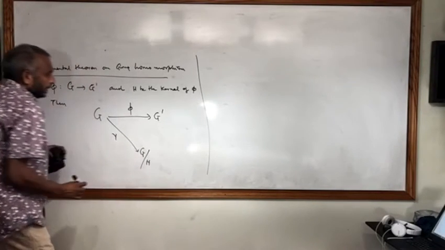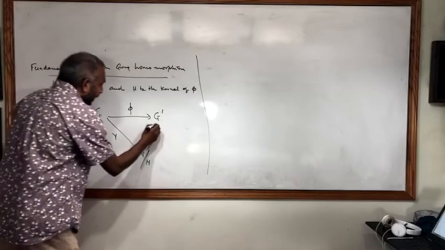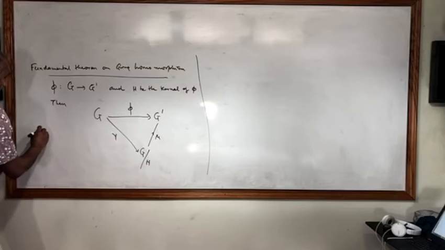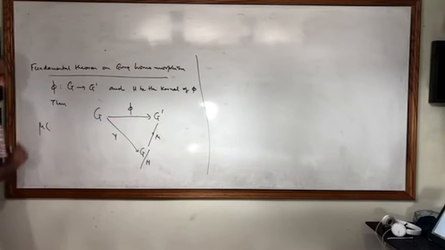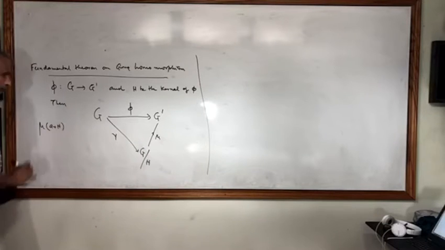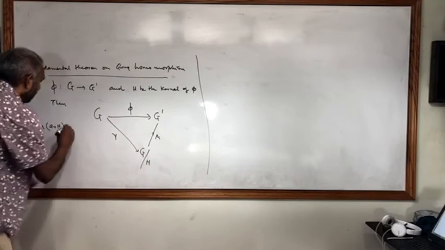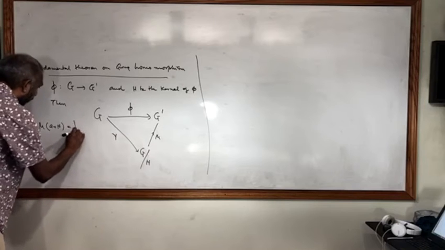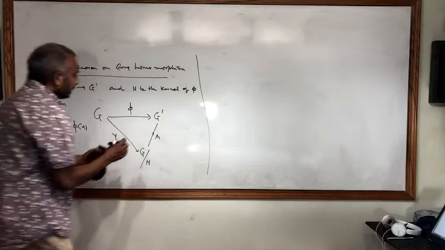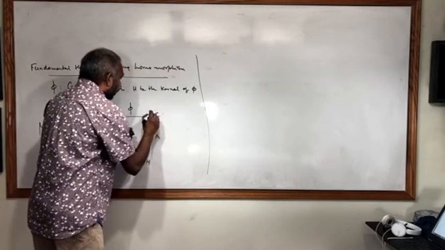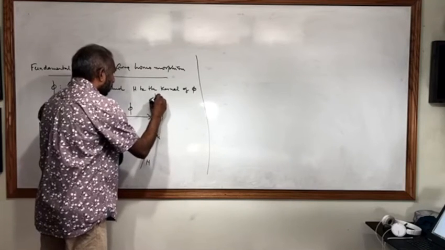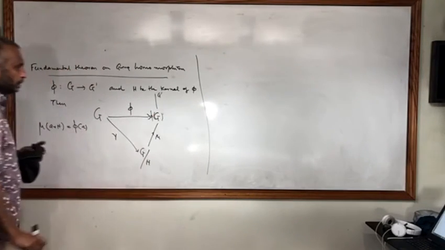Then there exists a mu defined by mu of a plus H, where a is from G, is equal to phi of a. Actually, this is from phi of G. G will be somewhere here. G prime will be somewhere here.